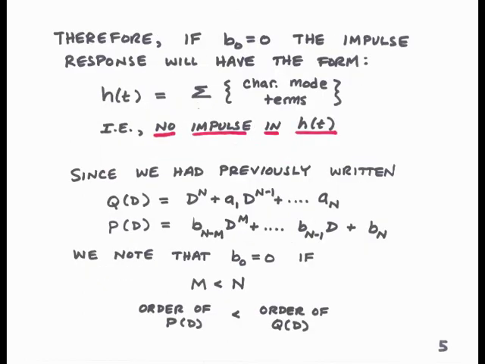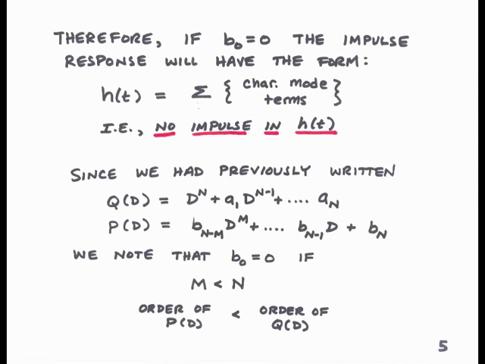So if the coefficient b0 is equal to 0, the impulse response will have the form h of t equals the sum of the characteristic modes. That is, there will be no impulse at time 0 in the response h of t.